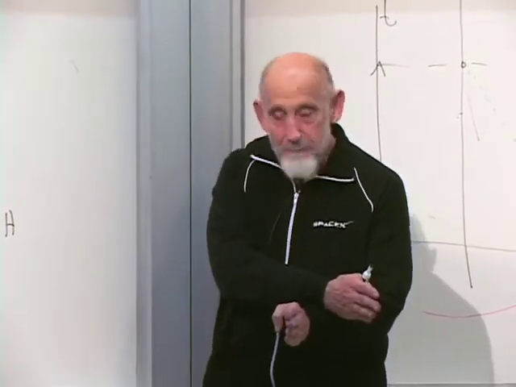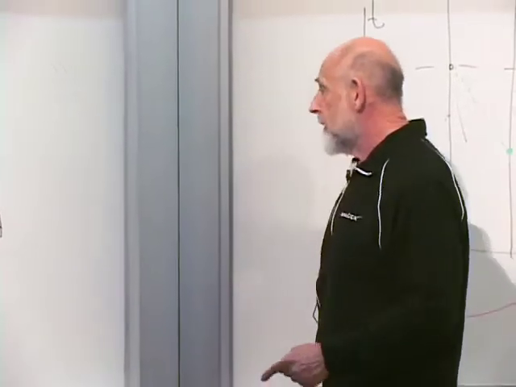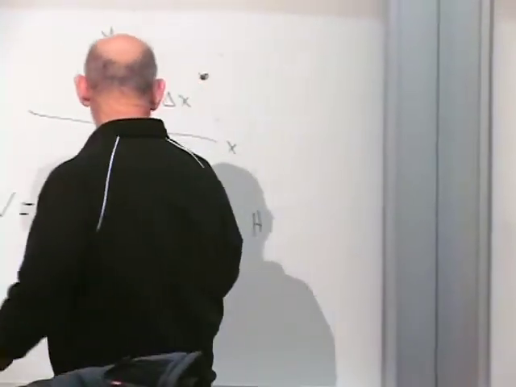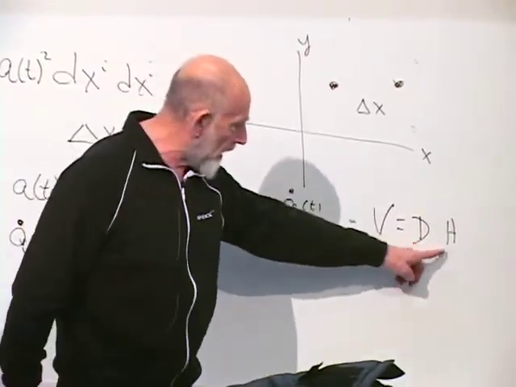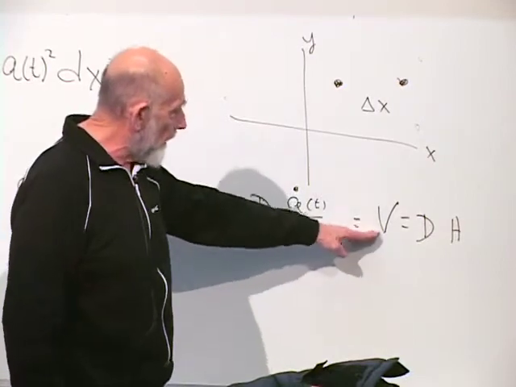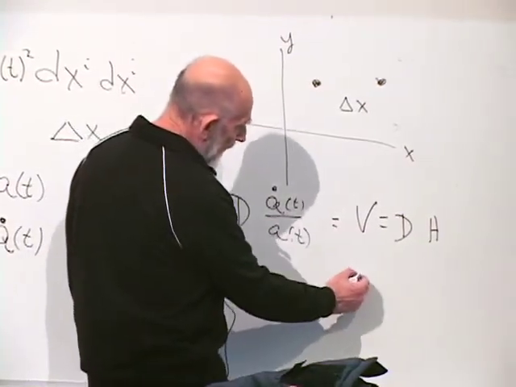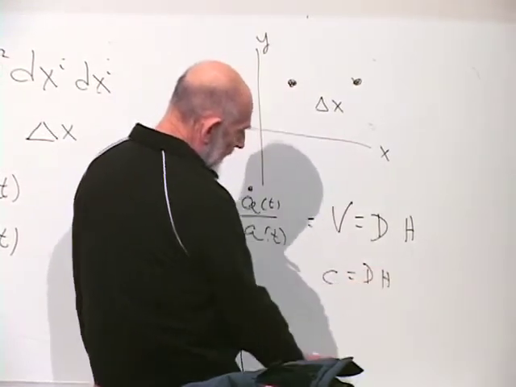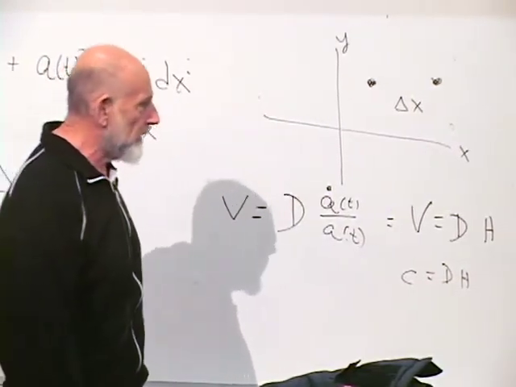If something goes by you, it can't go by you faster than the speed of light. But two things sufficiently far apart can. The relationship between the Hubble constant and the distance scale at which you reach the speed of light you would get by putting in c here. c equals distance times H, c meaning the speed of light, not some arbitrary constant.